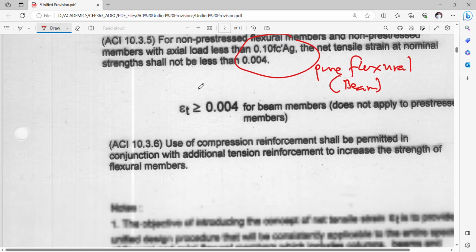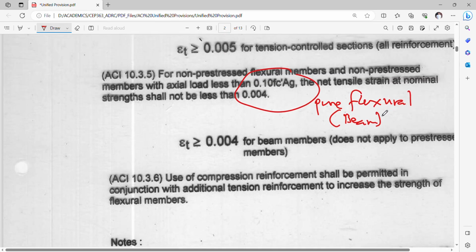Here we are assuming a pure flexural behavior. The tension control limit was actually reduced to a lower value at 0.004. So we can give some allowance because this is a ductile member, because it's a beam.